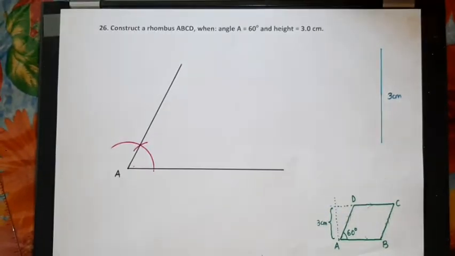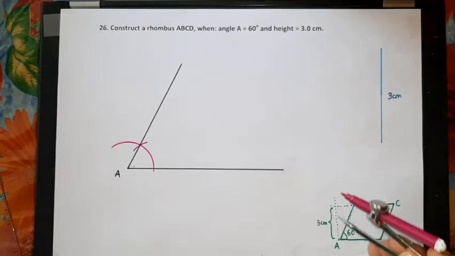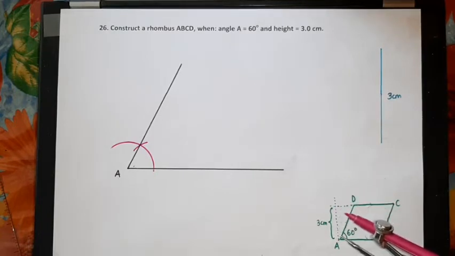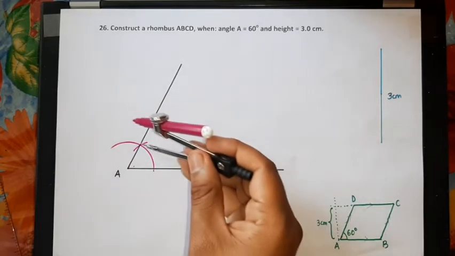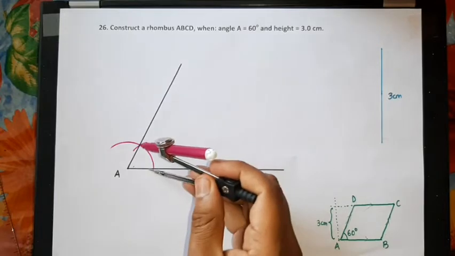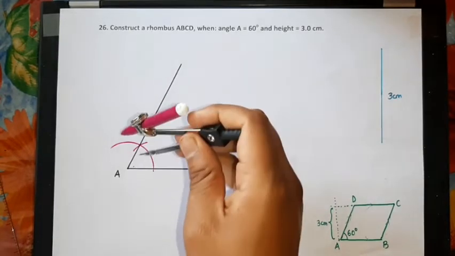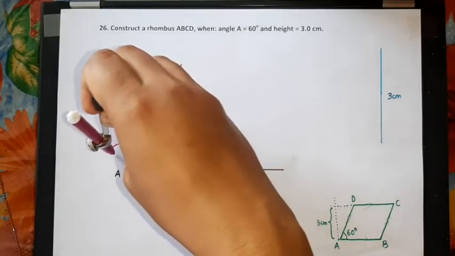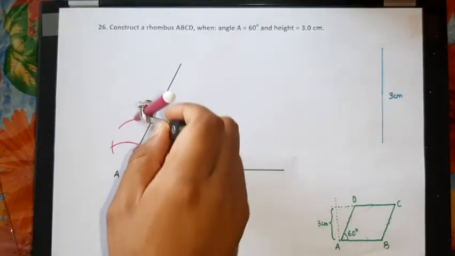So from here we'll draw a perpendicular. This is perpendicular, right? Because we measure height perpendicular. So we will draw a 90-degree angle as well at A. So this is 60, and from 60 itself, without changing the radius, the radius is the same, let us construct the 90-degree angle as well.